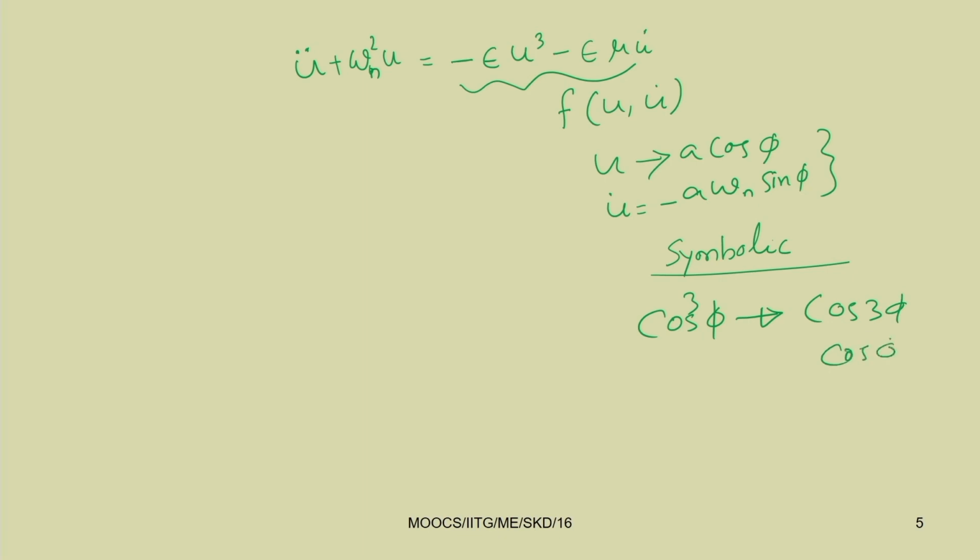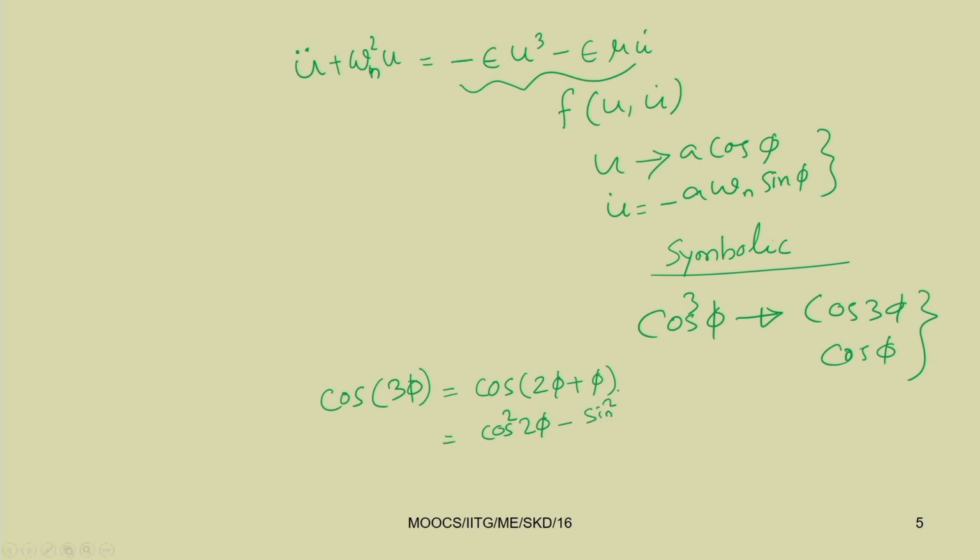This thing you already know. Just expand cos 3 phi. If you have forgotten the formula, you can derive it from first principles: cos 3 phi is cos of 2 phi plus phi. So, cos of a plus b equals cos a into cos b minus sin a into sin b.